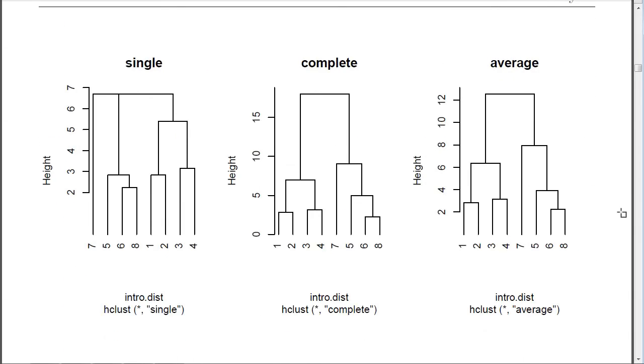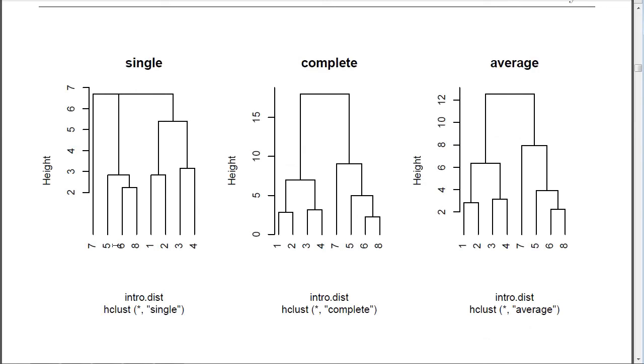It's a tree where the terminal nodes are each observation, and then as you move from the bottom upwards, there's a height. And the height is a measurement of the distance between the clusters.